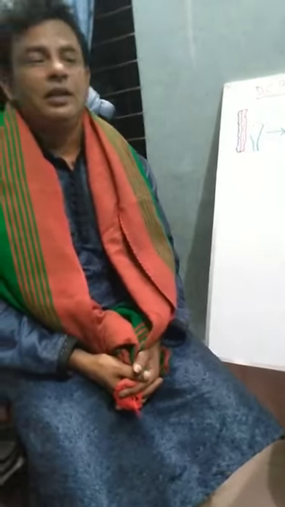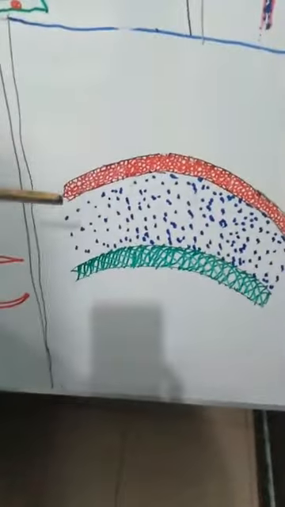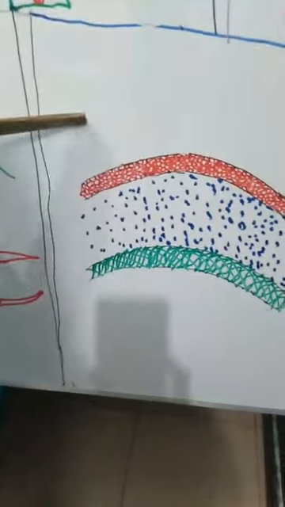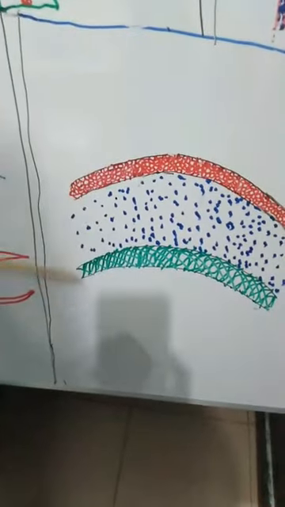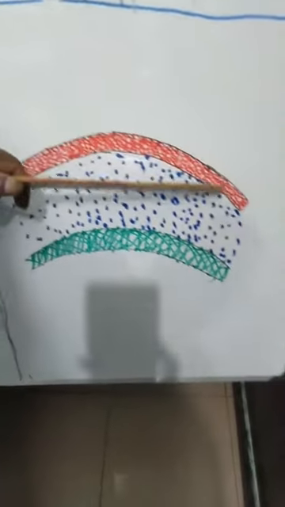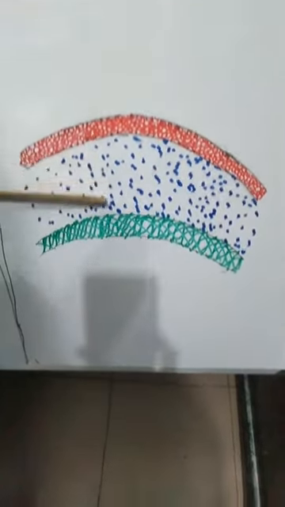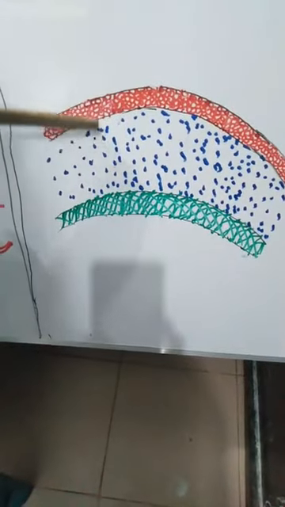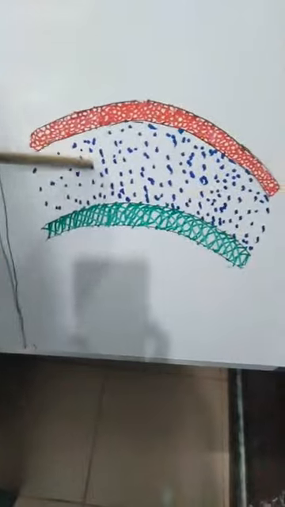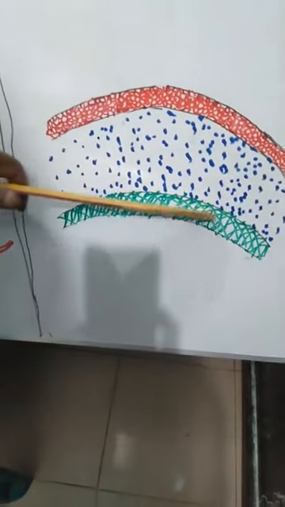Now, what are the constituents or anatomical structures of the tear film? This figure shows the tear film structure. It has 3 layers, from outwards to inwards: outer lipid layer, middle aqueous or watery layer, which is maximum, about 90% of the thickness, and inner mucin layer.